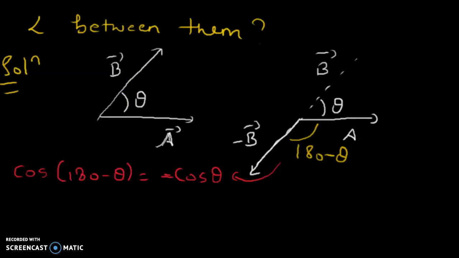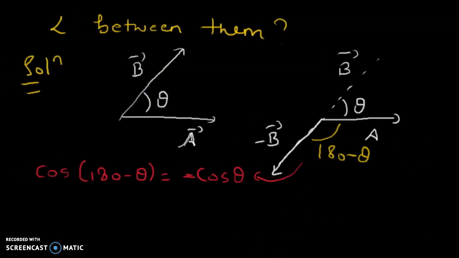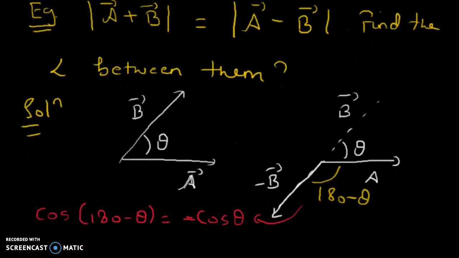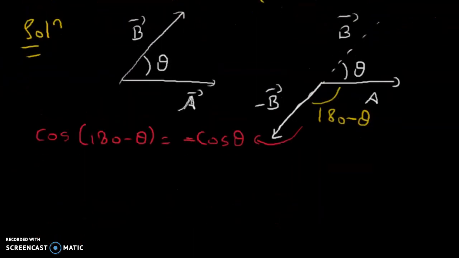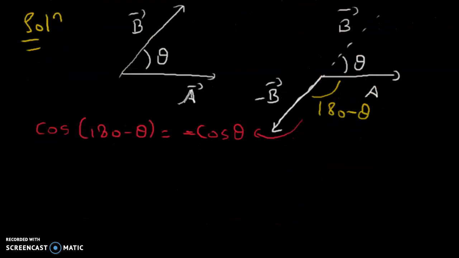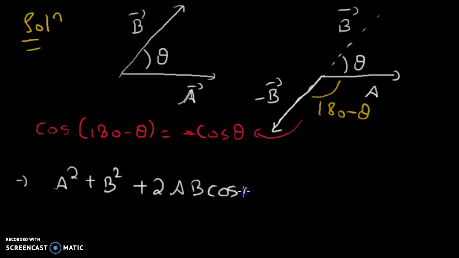You don't need to worry about anything. Okay, so let's do the problem. Now this is only maths. So what is the first case? A square plus B square, addition of vector, plus 2AB cos theta.